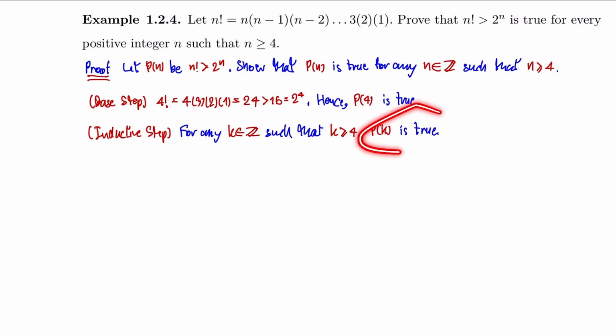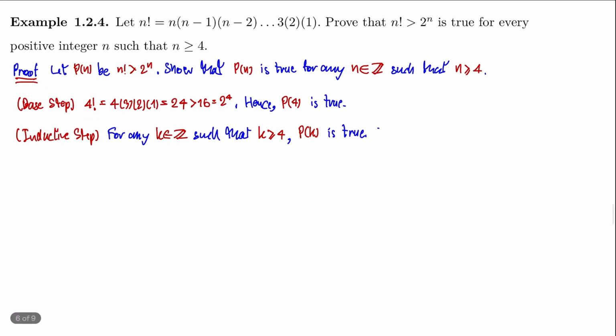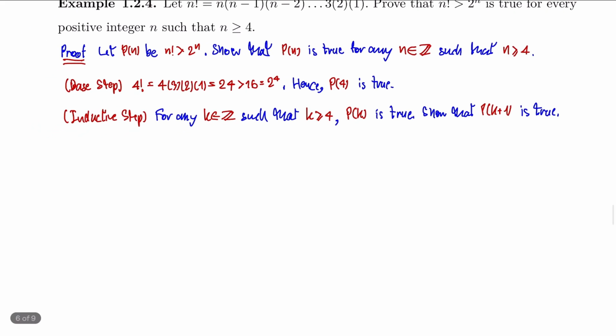Assume that P of k is true where k is greater than or equal to 4. Then we want to show that P of k plus 1 is true.